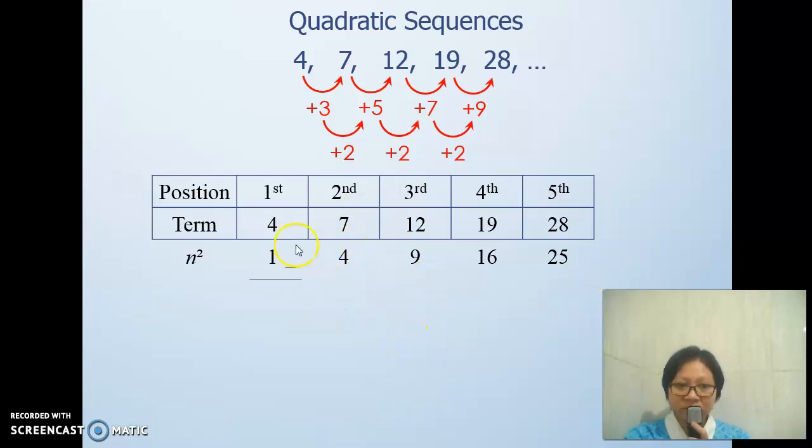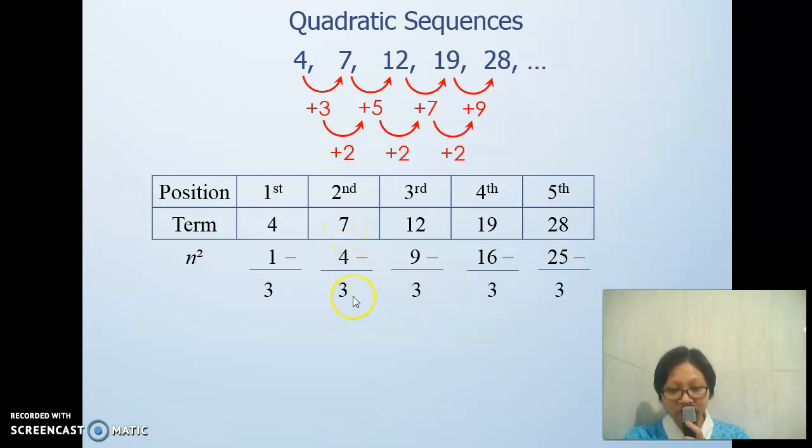And then find the difference between the term and the square number. 4 minus 1 is 3. 7 minus 4 is 3. 12 minus 9 is 3. So there is a common difference here. Since there is a common difference, we can just write down the nth term as n squared plus 3, like that.